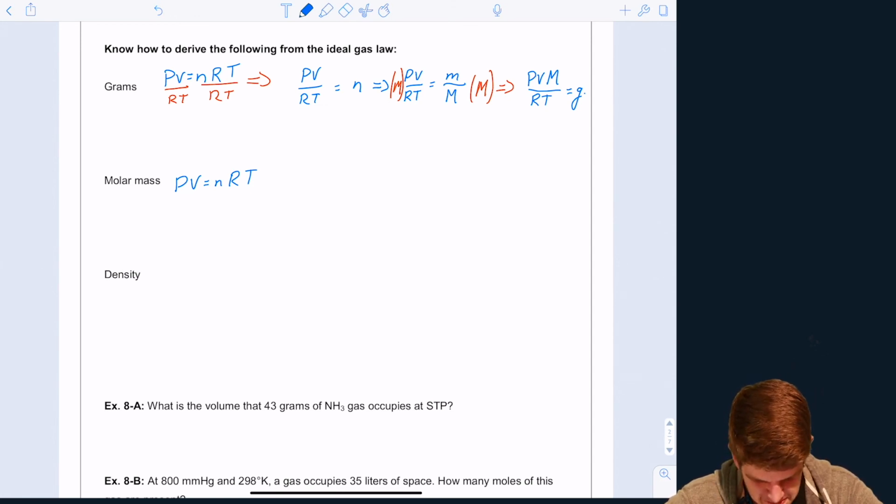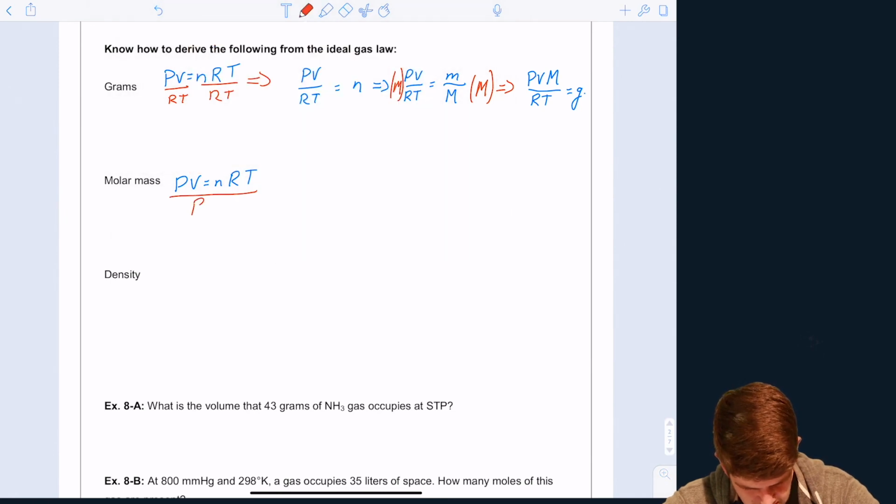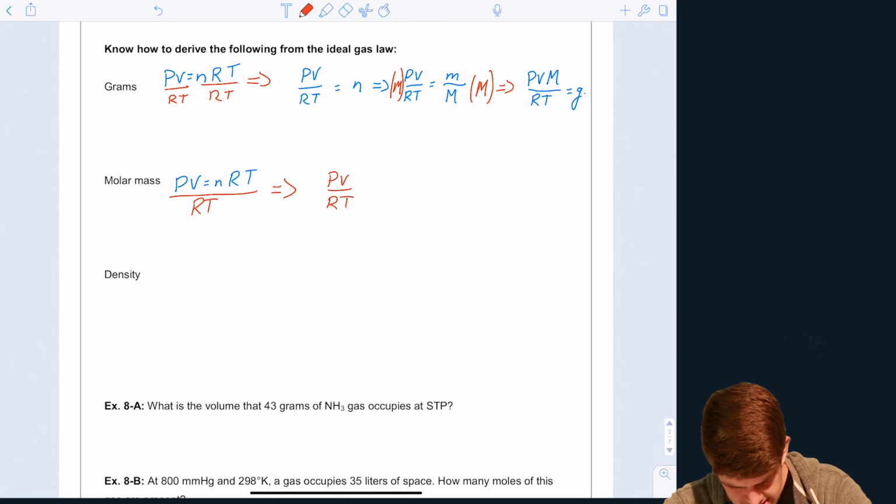PV equals nRT. So from here, we'll do the same exact step. I will just divide by RT. Wow, look at me shortcutting this. Now we have PV over RT is equal to n. n is, of course, equal to grams over molar mass.